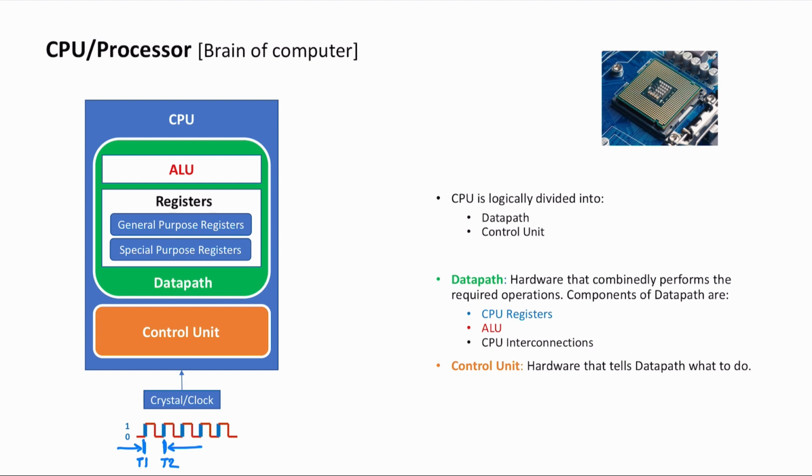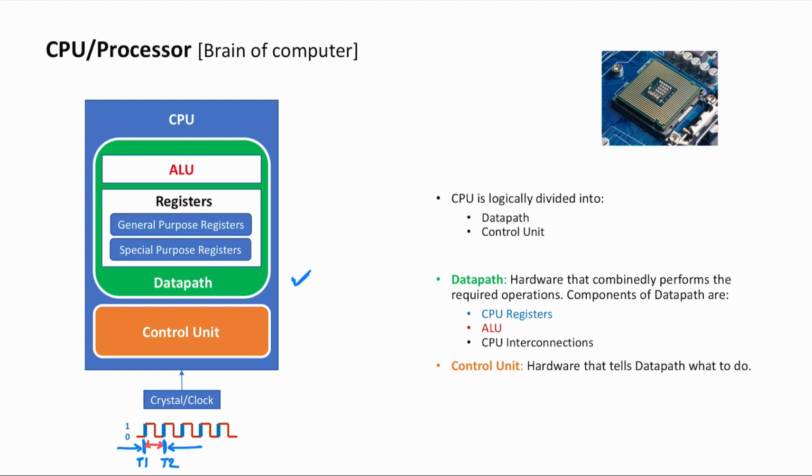The clock is set in such a way that the processor does some very basic operations, and these very small operations are carried out in one tick, in this small time. Therefore the time difference between these two clock ticks is the time taken by one processor activity.